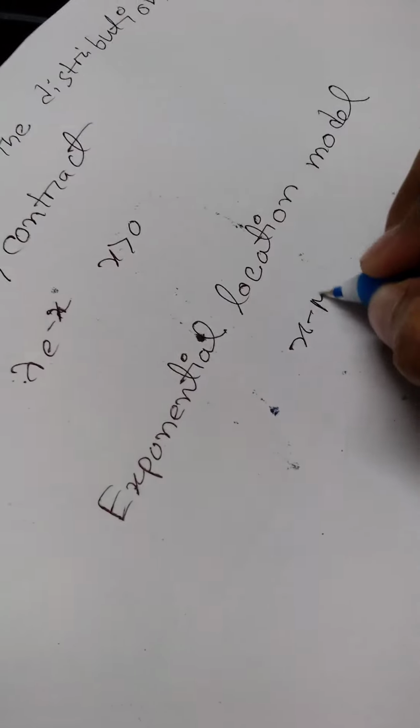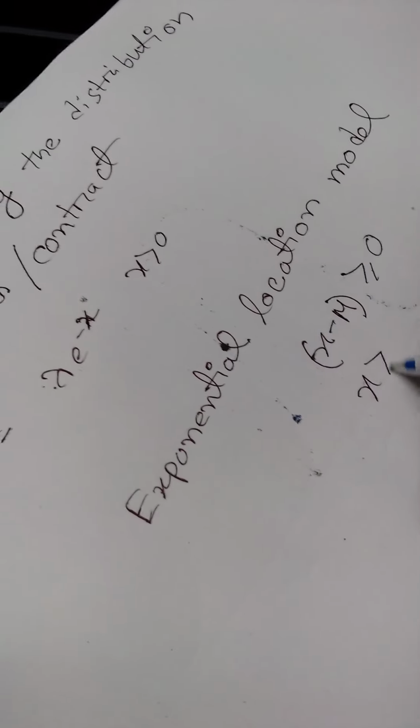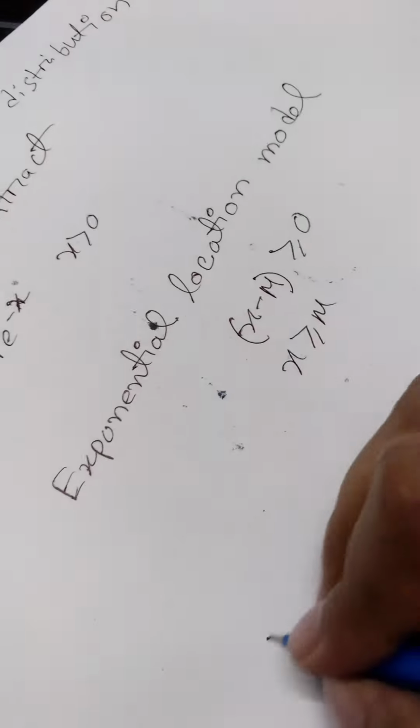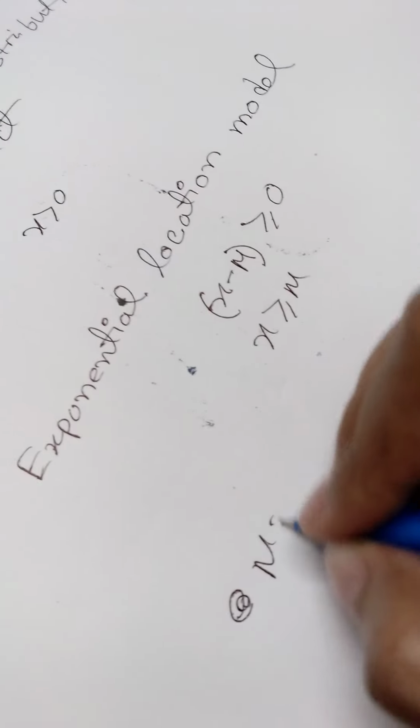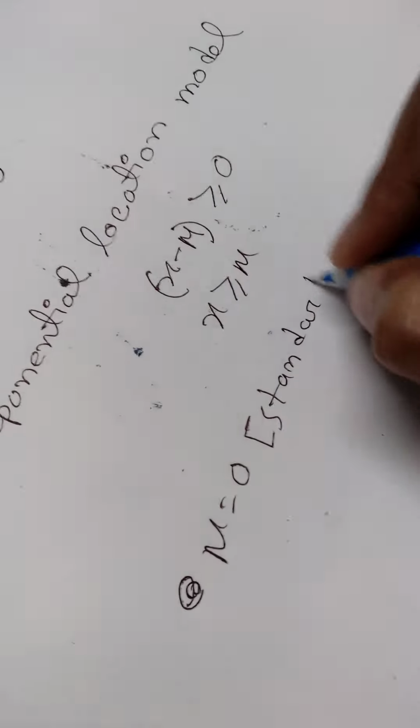We have to add the mean mu for this, and when mean mu is equal to 0, that means it's standardized.